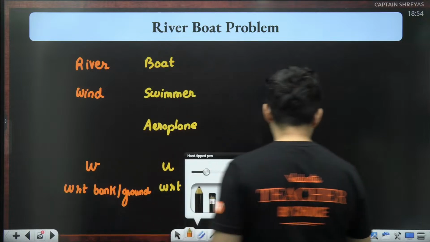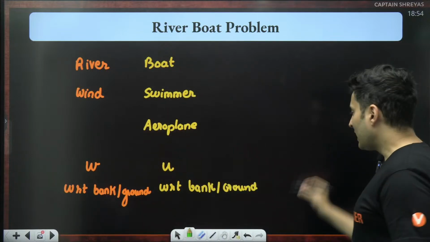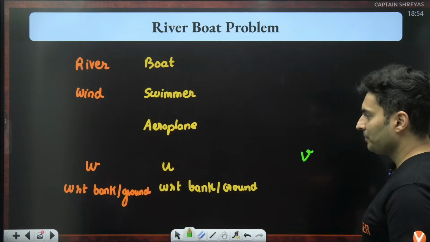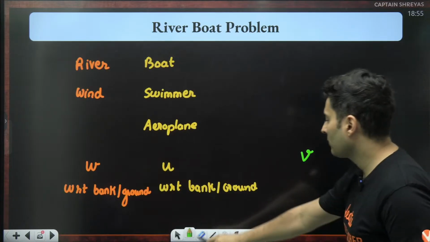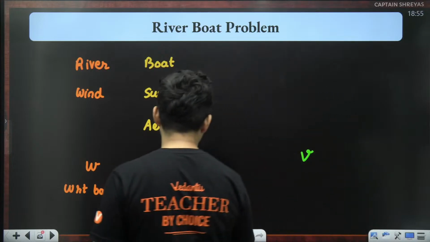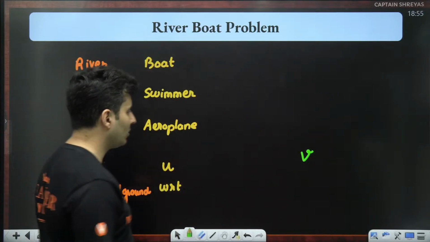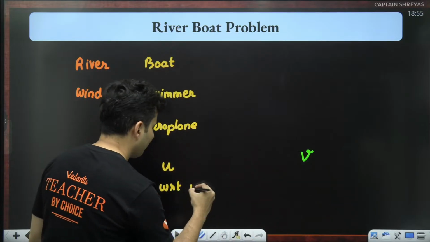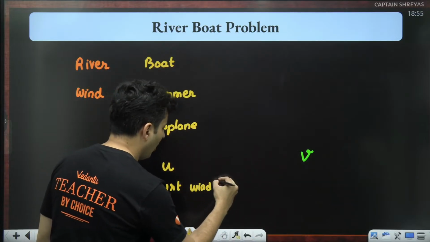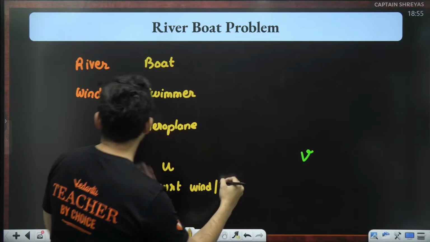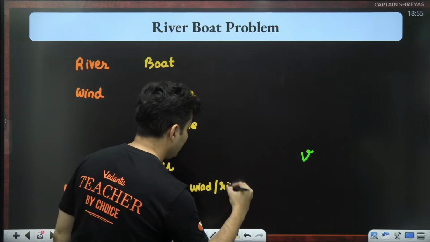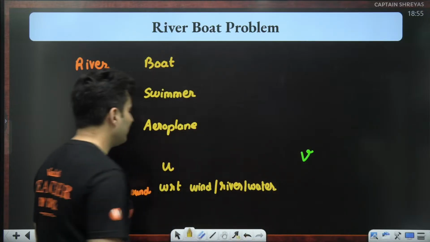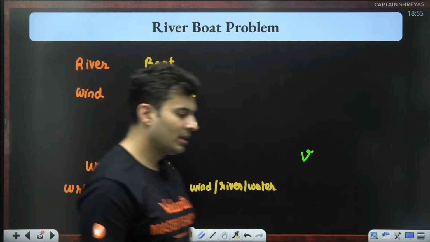The last speed which comes up is this v velocity, which is, oh sorry, I made a small blunder over here. Let's not keep it with respect to the ground, guys. Let's keep u with respect to the wind, or basically the river, or basically the water.